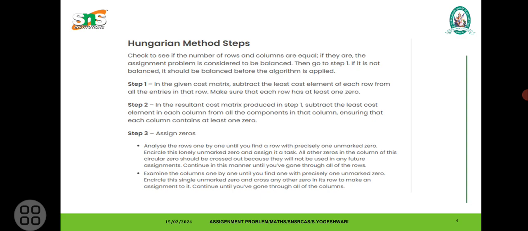Examine the columns one by one until you find one with exactly one unmarked zero. Encircle this single unmarked zero and cross out any other zeros in its row to make an assignment to it. Continue until you have gone through all of the columns.